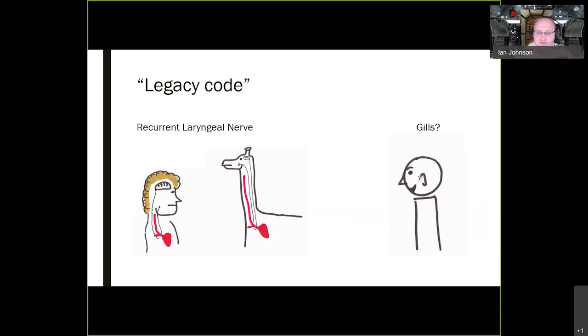And another little thing that we see sometimes is people develop tiny little pits at the top of their ears, tiny little holes, and these are effectively remnants of gills that no longer serve any purpose.